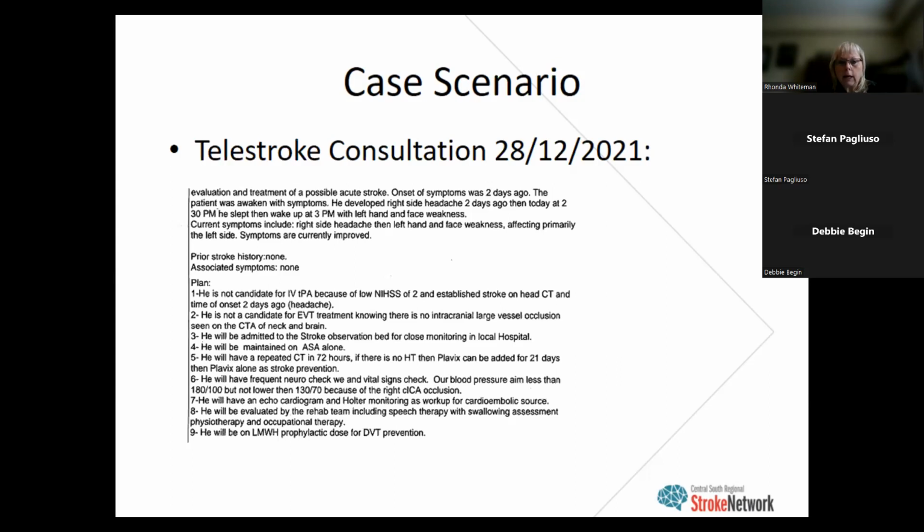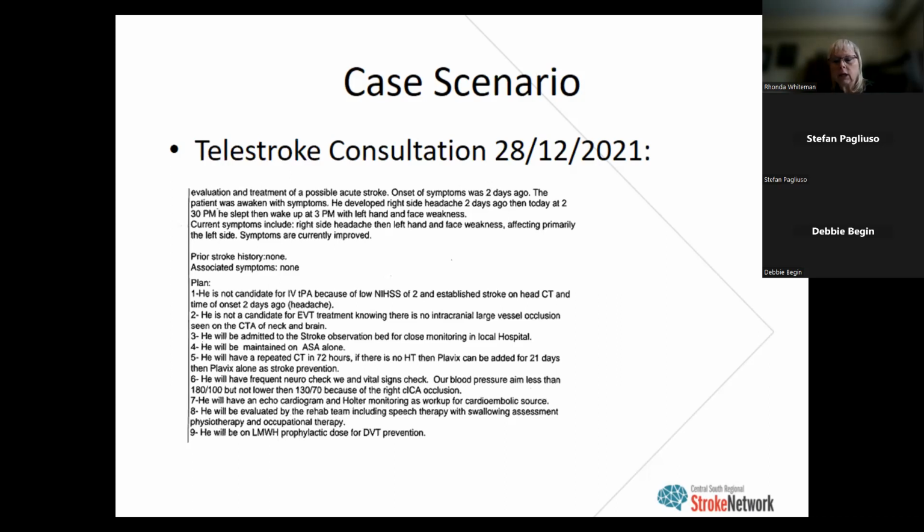The physician indicates he was not a candidate for IV tPA because he had a low NIH, so low neurological deficits, and an established stroke on CT imaging. Remember I said often a CT done early in those first 3 to 6 hours would be negative.